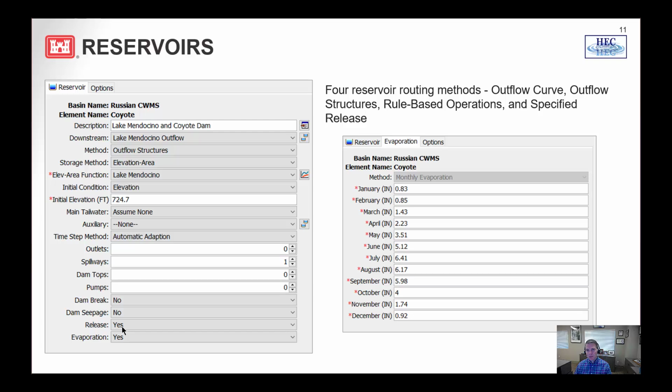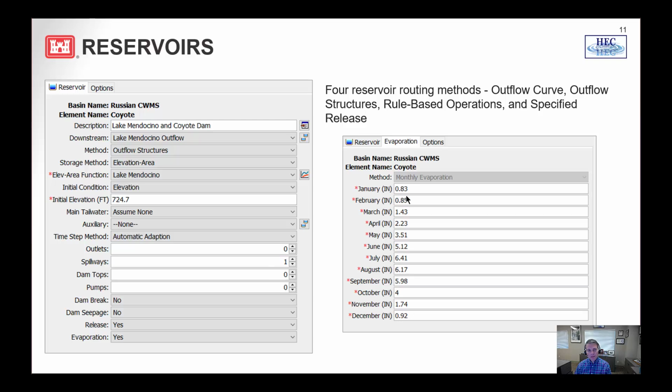Then HMS will take that discharge time series as the outflow, take the inflow that's computed by the program plus the elevation-storage information that you've defined, and compute the reservoir elevation for you. So you can compare the observed elevation to the computed elevation.